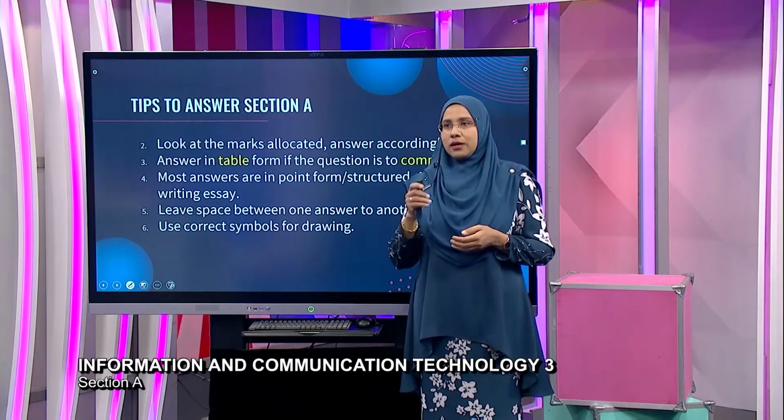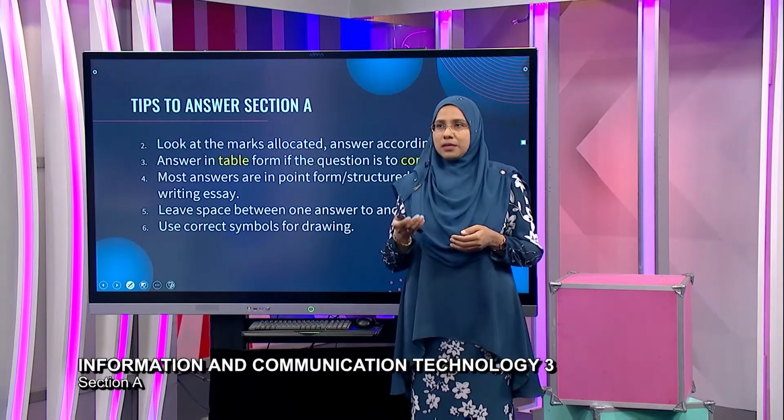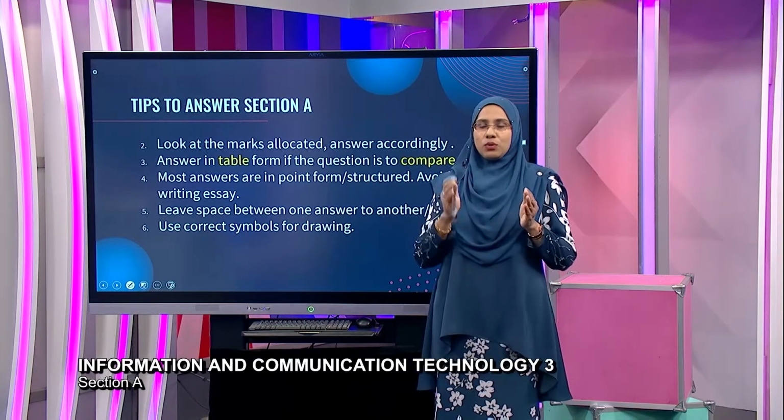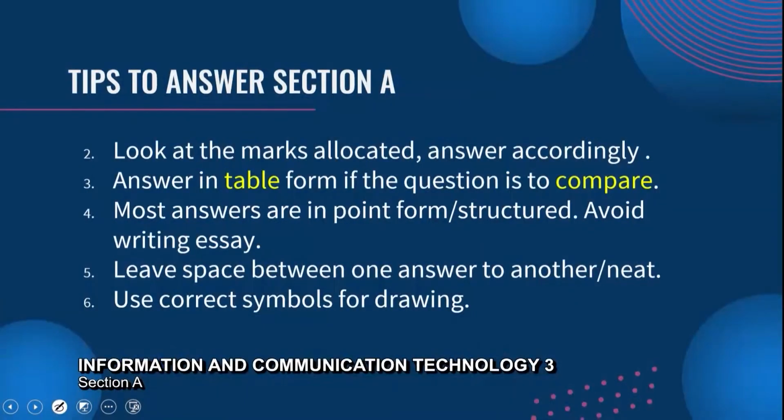Let's look at the next tip. Look at the marks allocated and answer accordingly. The marks allocated give you some guidance on how long your answer should be and how elaborate you have to be. If the question asks you to compare A and B, you are advised to do it in table form.